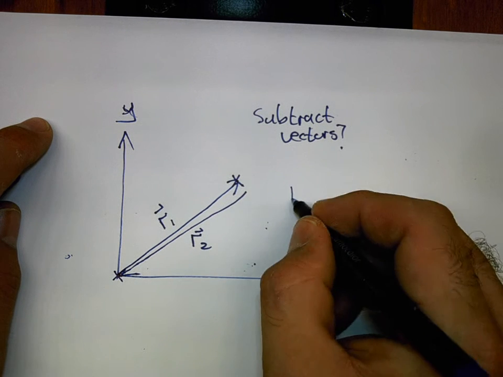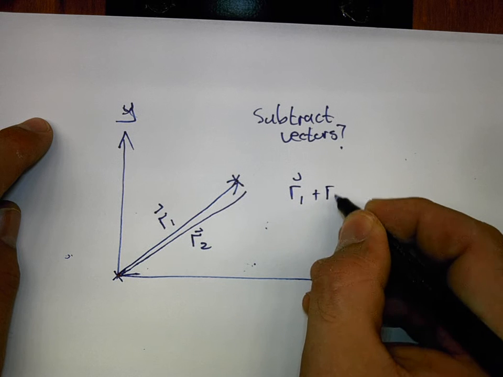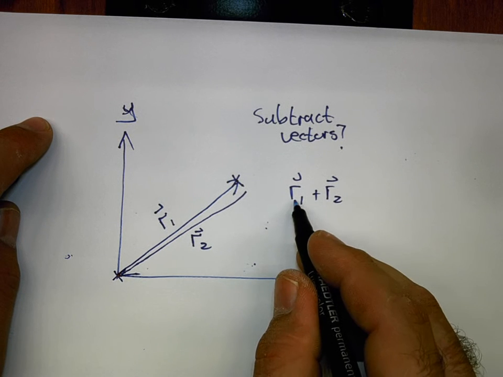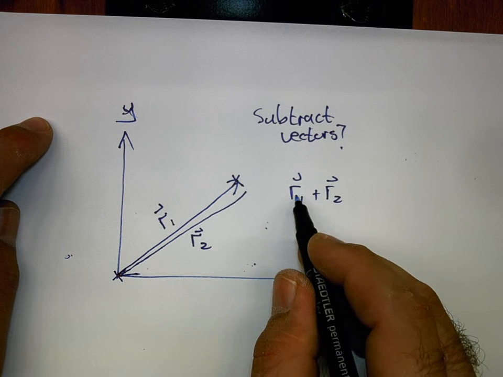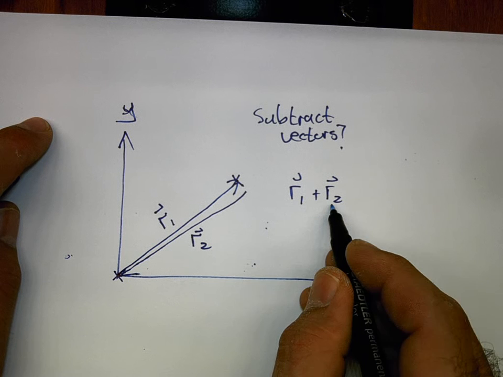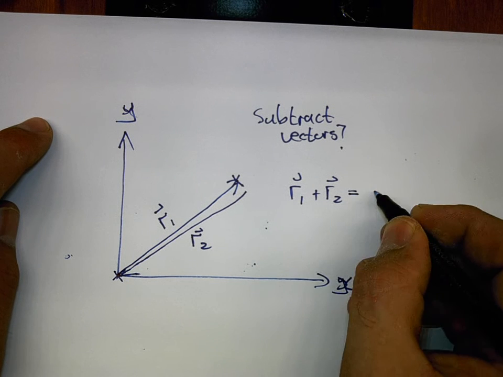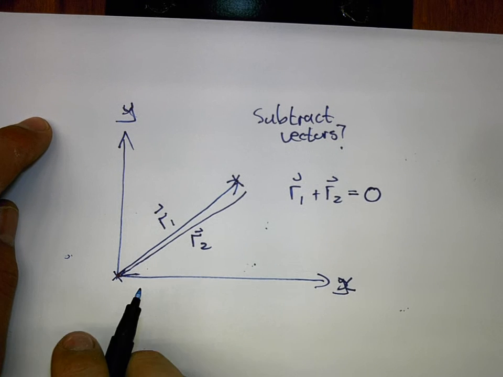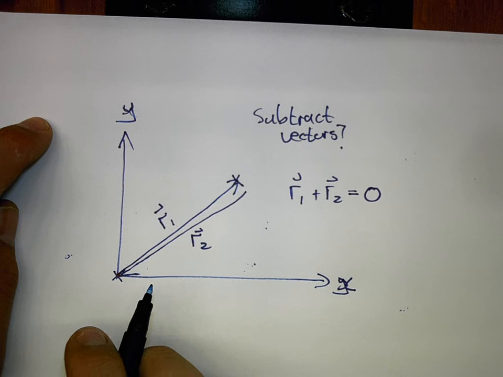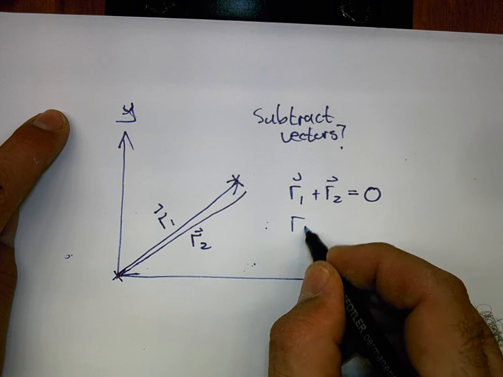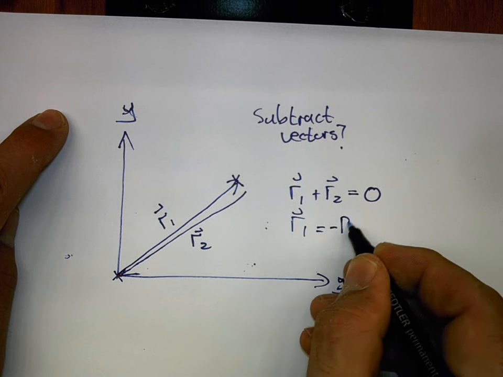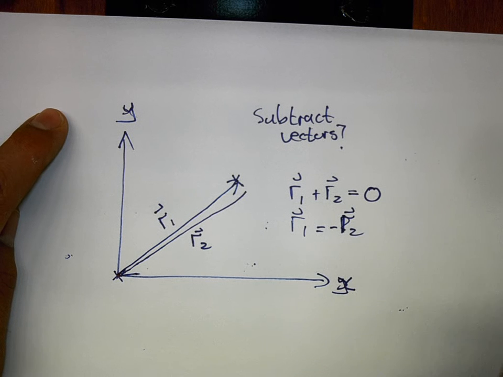So R1 plus R2, a certain displacement, then another displacement, and the total change in position ends up being 0. So this means R1 has to be equal to negative R2.